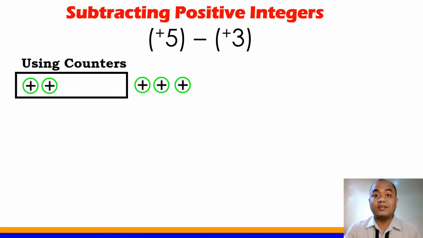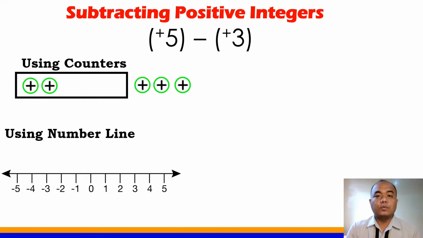Let's try another method naman class by the use of number line. Okay, this is the number line class. So of course, we will look at first positive 5 in the number line. Yan. Okay? Now, this is positive 5. Since subtraction ang ating operation, we have to deduct positive 3 from our point positive 5 here.